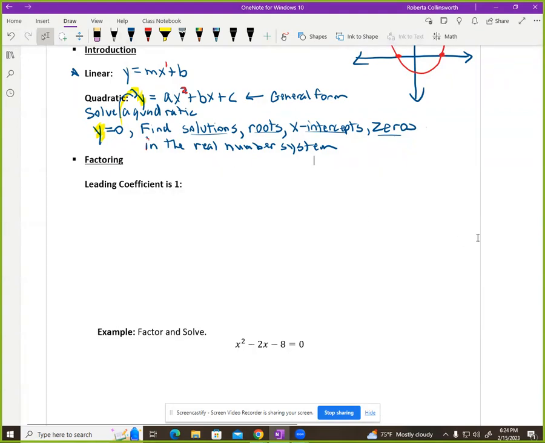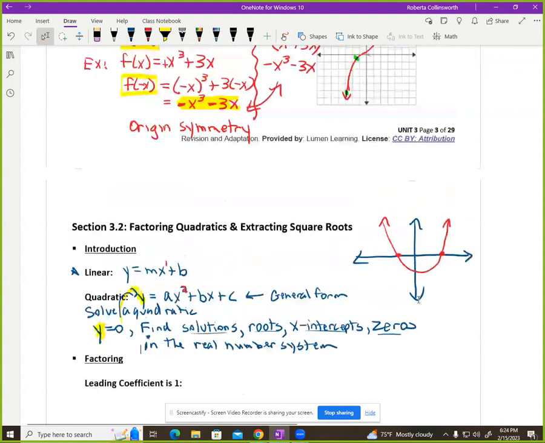Someone today in my other class said, so if those are real numbers, then what are the fake numbers? So the fake numbers are the complex numbers, and we're going to get to that later. That's what happens when your quadratic does not cross the x-axis. So if your quadratic looks like this, there are no real number solutions at all because it's not crossing the x-axis. So that's when we would have complex solutions.